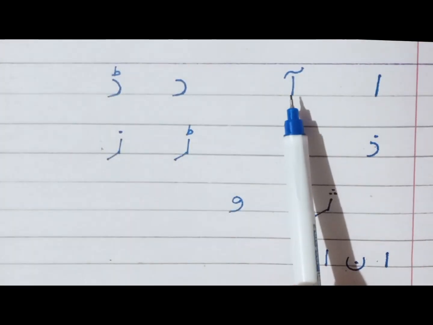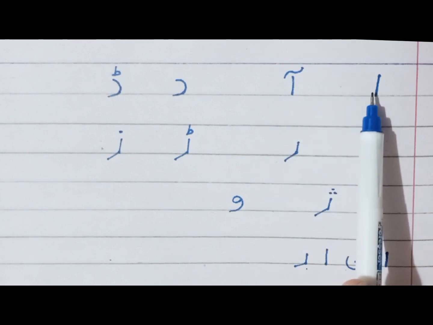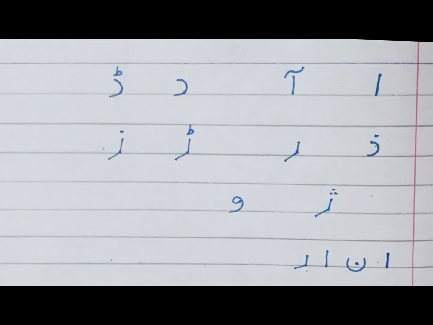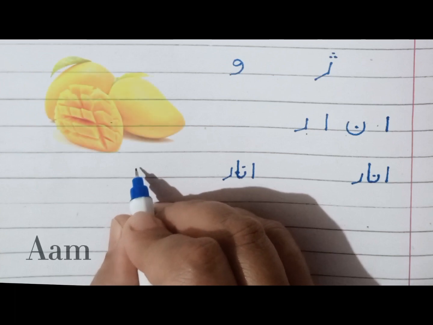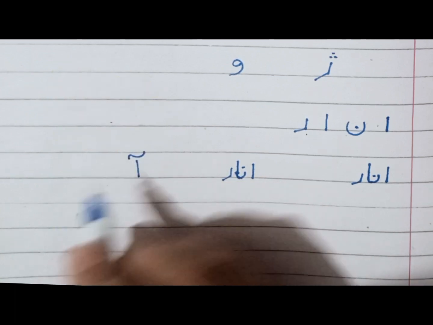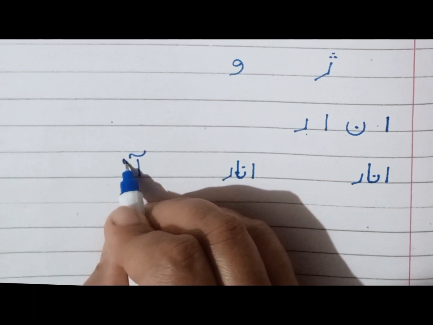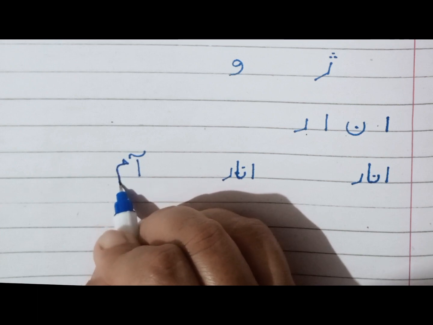Our next letter is alif mad a. The same rule will be applied as for alif. I'll give you one example. For example, when we write aam, first we write alif mad a. After this we cannot join any other letter. That's why ma will be written on its own.